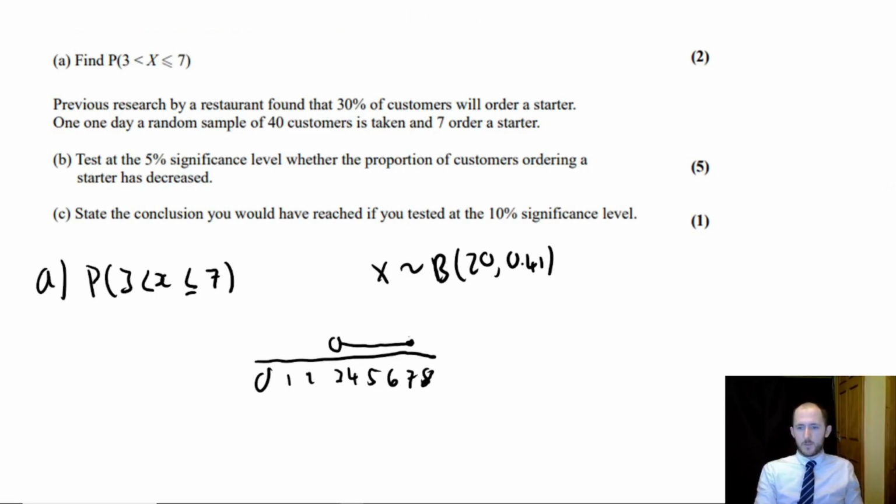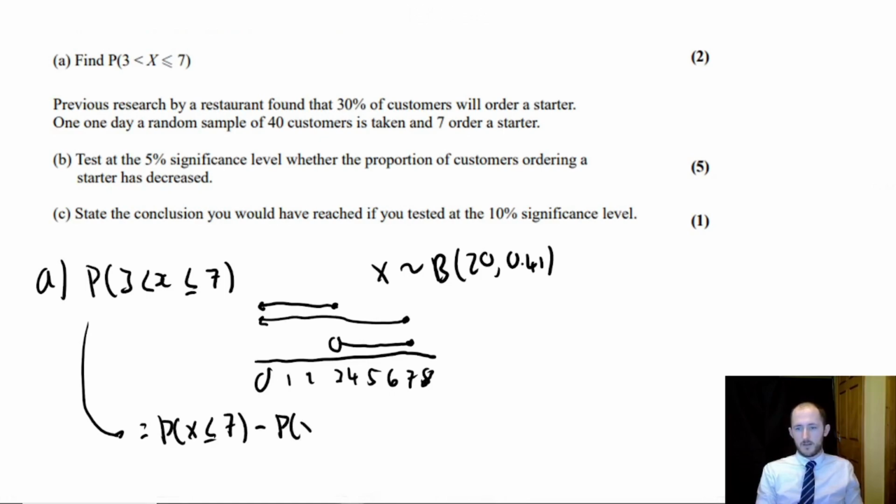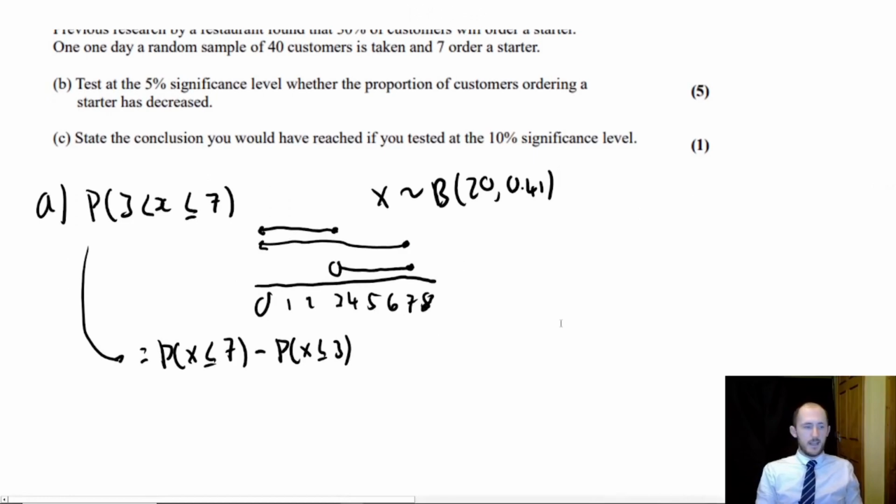So we're going to work out all of the values up to and including 7, and subtract all of the values up to and including 3. So this is equal to the probability of x being less than or equal to 7 minus the probability of x being less than or equal to 3. So we need two values in this case, and subtract them.